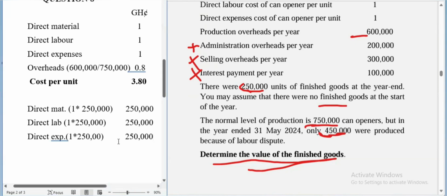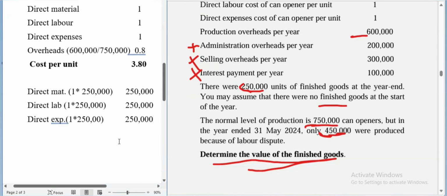Now let's look at the production overheads. We have to add the production overheads. It's just like what we have done, the same thing.